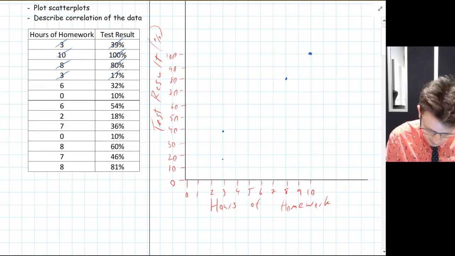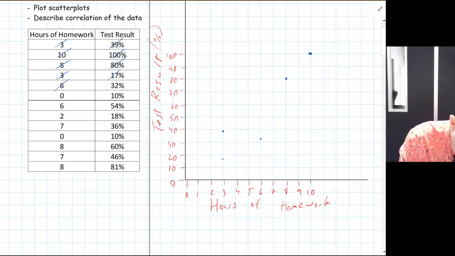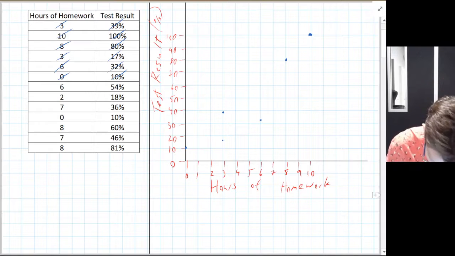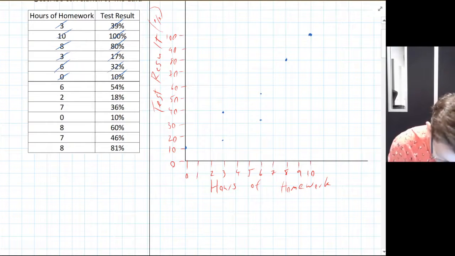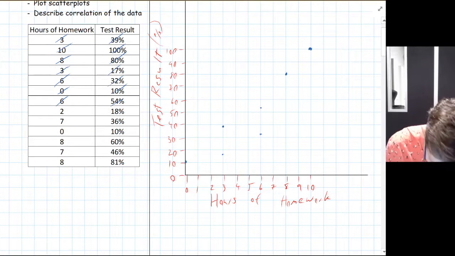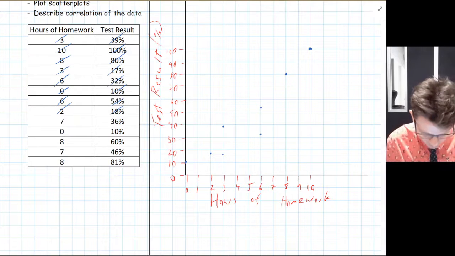6 is at 32. 0 is at 10%. 6 is at 54%. 2 is at 18. You can see I'm just plotting all the points out.